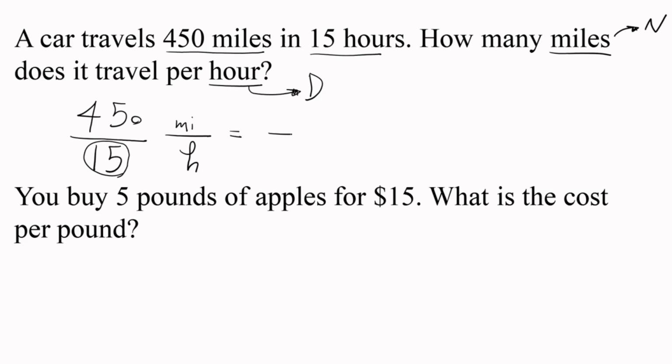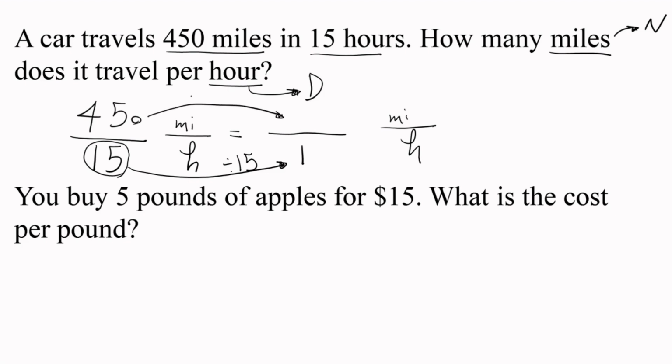Look, I want something like this. 1, something in the numerator, and mile per hour. Really simple. I can divide this by 15. Am I allowed to divide only the denominator? No, of course not. Every operation that I do with the denominator, I must do exactly the same with the numerator.